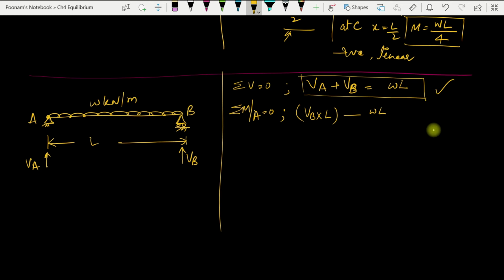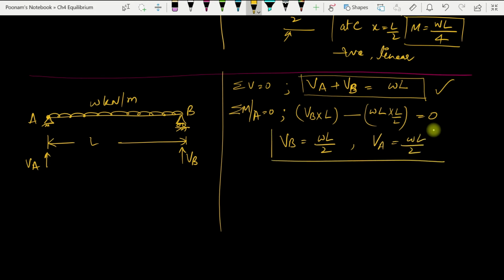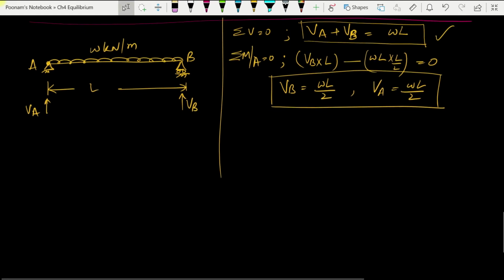It will pass through the half of the length over which it is applied, and that is L by 2. So my VB will be WL by 2 and VA will also be WL by 2. Otherwise also it can be seen from the loading that it is symmetrically applied over the beam, so both the reactions will be equal and equal to half of the loading applied.